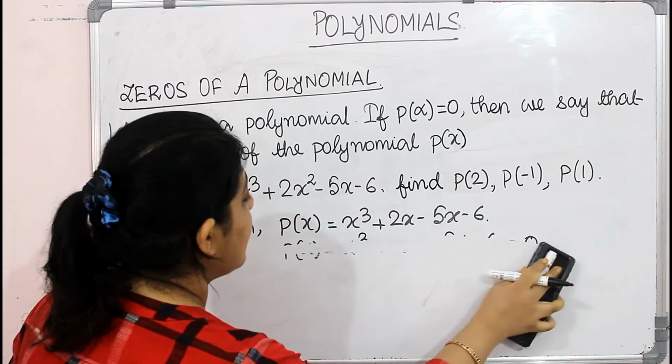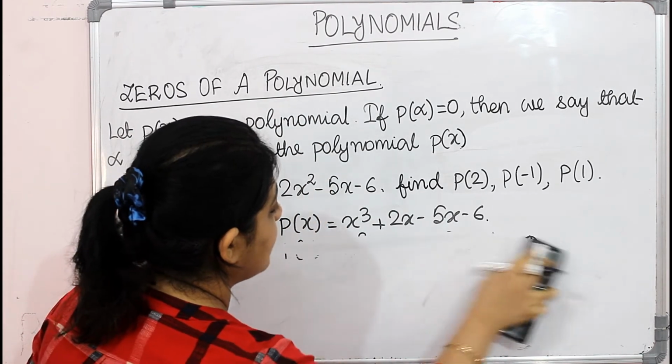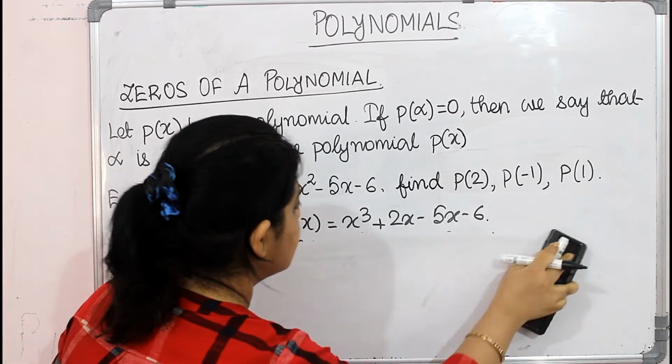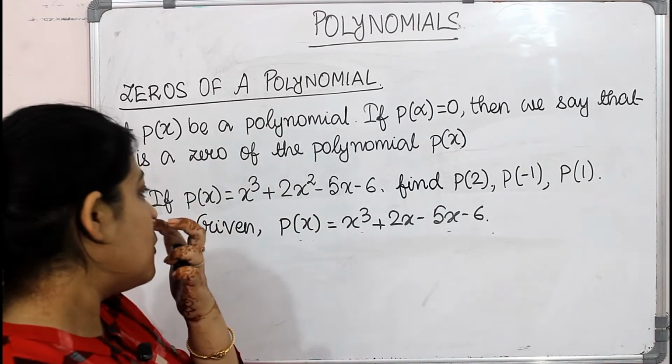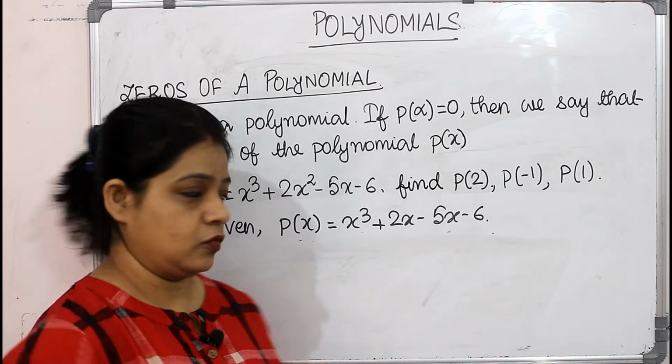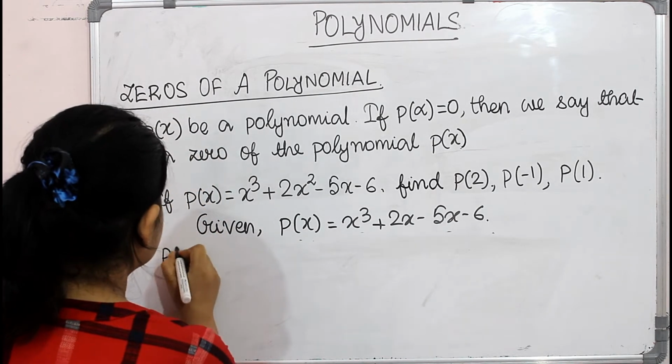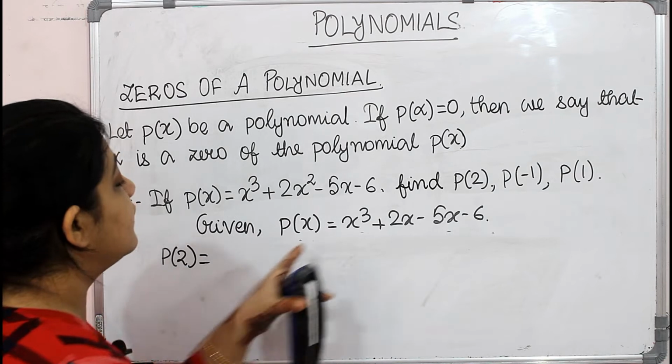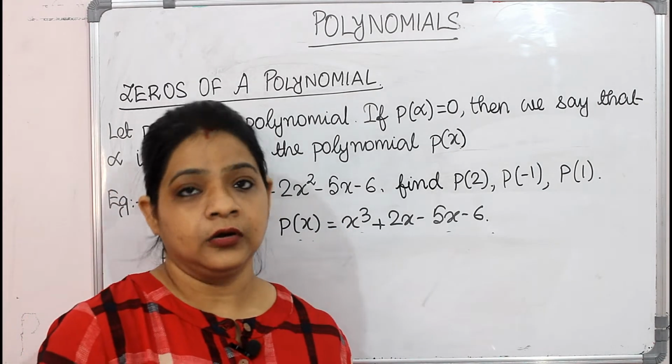Let's take these examples to understand the zero of a polynomial better. Given p(x) equal to x cube plus 2x square minus 5x minus 6, we have to find p(2). You just replace x with 2.